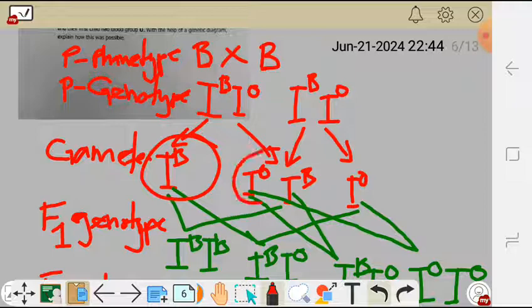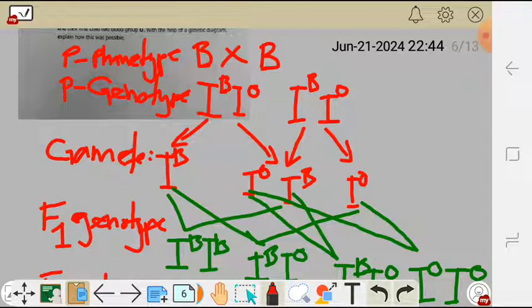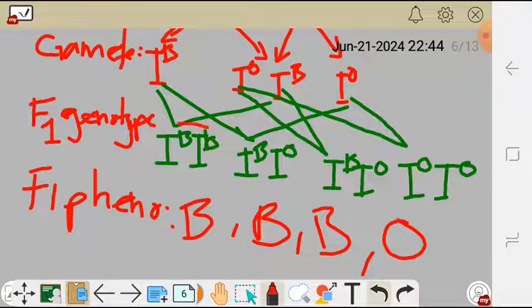Once they separate, they will cross to form the F1 genotype. Then once the F1 genotype is formed, we can deduce the blood groups: this is B, this is O, this is B as well but is a carrier of blood group O, and this is also blood group B, and that is blood group O. So this is the genetic diagram.